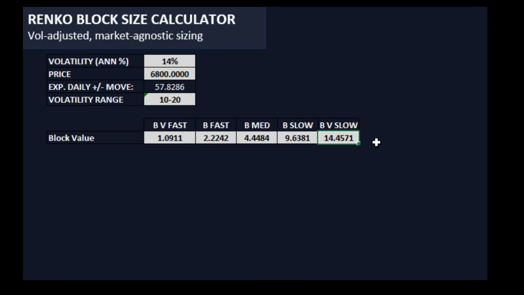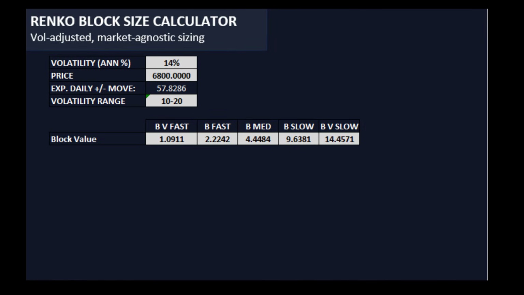So let's just take another example, something with a different volatility structure. What you'll find is that once you've created your suite of block sizes, that very fast to very slow, stock indices aren't that volatile, forex even less volatile, and you'll find these numbers don't really change that much.